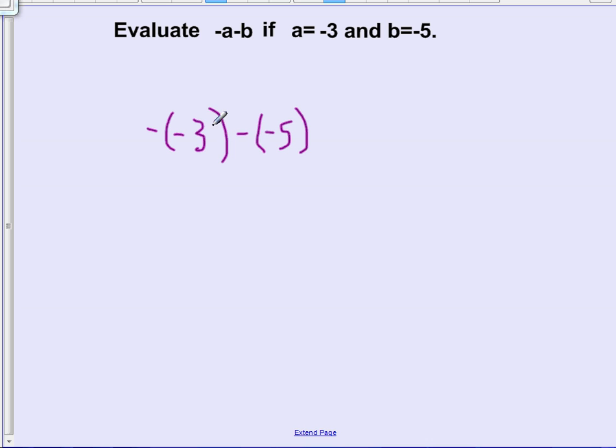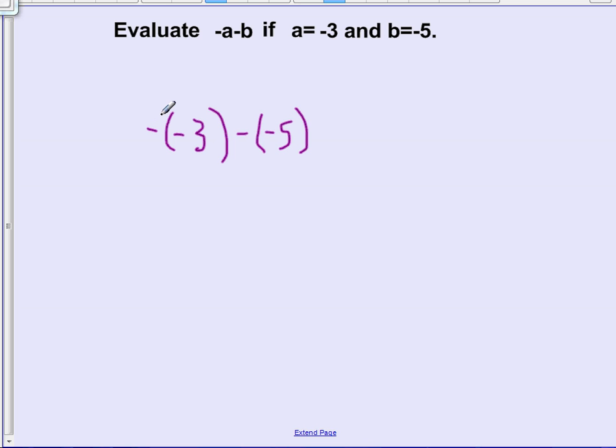All right, now up here, this looks really funny. When you have a negative sign and a negative sign together, it's kind of like you're multiplying an invisible negative 1 times a negative 3. In that case, a negative 1 times a negative 3 would be a positive.